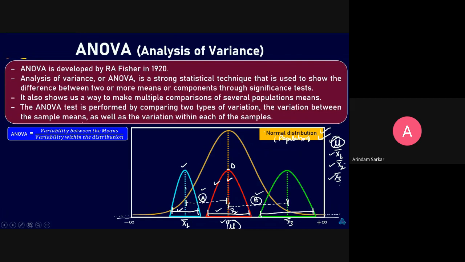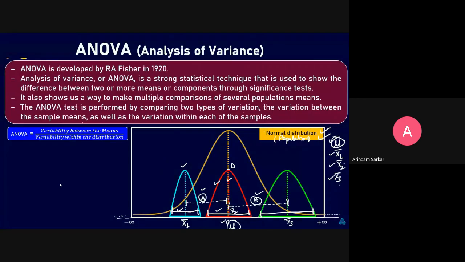Then we need to figure out the difference between the global mean and each local mean. Look at here, for this sample, A is the difference between the global mean and the local mean. B is the difference for this one. In this way, if I use ANOVA, what is the formula? The formula is variability between the means divided by variability within the distribution.